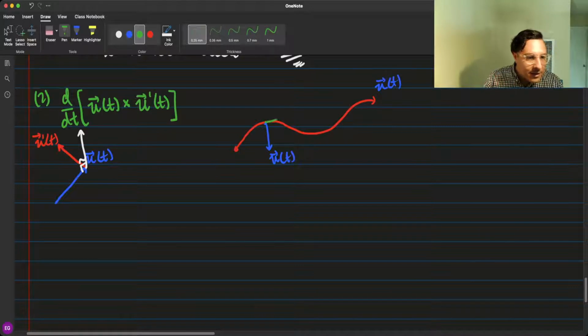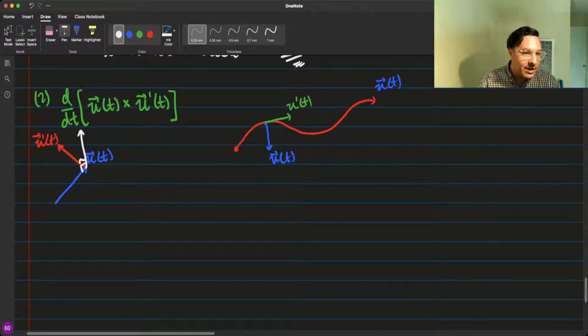This would be your u prime vector. And now you get another vector, the cross product of them, which is orthogonal to both. So it forms a right angle with both of those. This would be u cross u prime.